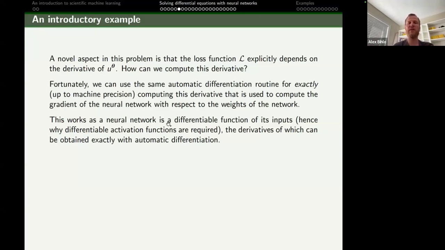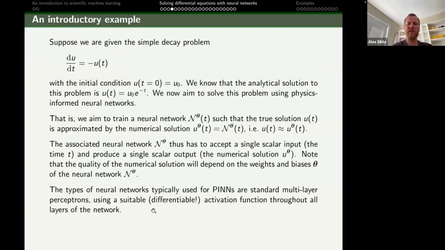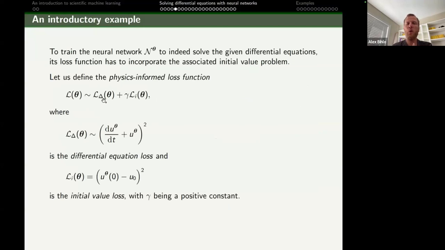But the one thing, and this is why, coming back to what I said here, we want to use differentiable activation functions. If you use the mean squared error, a proper loss function, and a proper neural network, the gradient with respect to your neural network parameters is a differentiable function. So the loss function is a differentiable function of your neural network weights and biases, so you can compute the gradient.